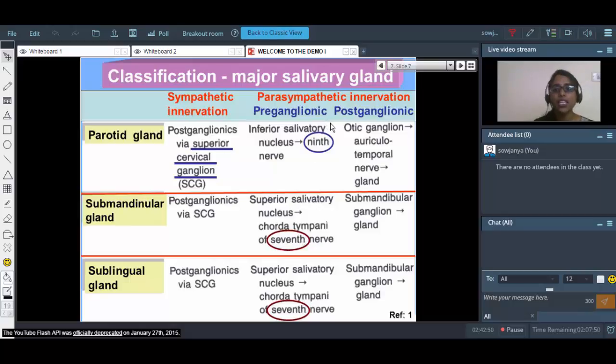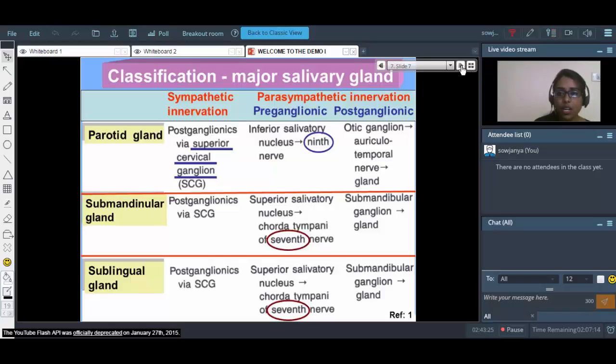The postganglionic innervation is carried out by the submandibular ganglion to the submandibular gland. Next, the preganglionic parasympathetic neurons of the sublingual gland are carried out by the superior salivary nucleus through the chorda tympani nerve of the facial nerve, whereas the postganglionic neurons are carried out by the submandibular ganglion to the sublingual gland.